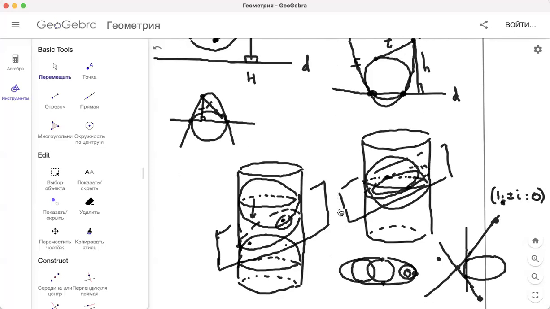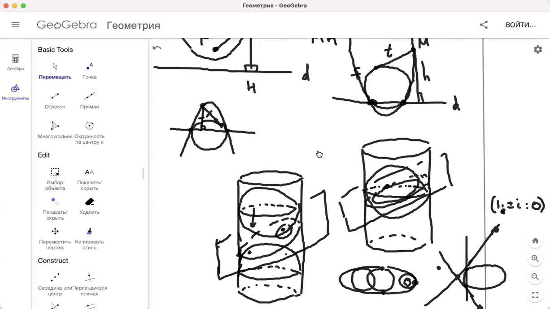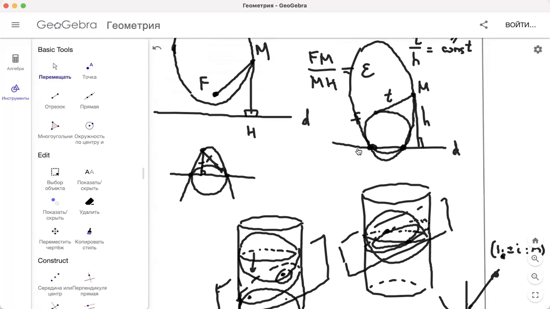In a similar way, you can prove this statement also for a hyperbola, because an ellipse or hyperbola is a section of a cylinder. Yes, so you can consider a cone instead of a cylinder, for example.